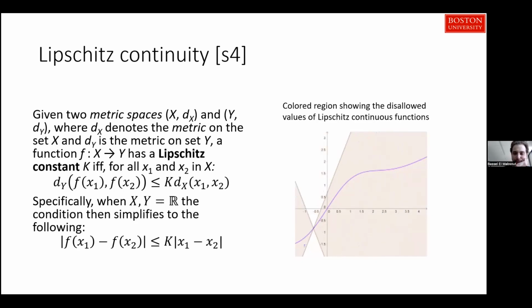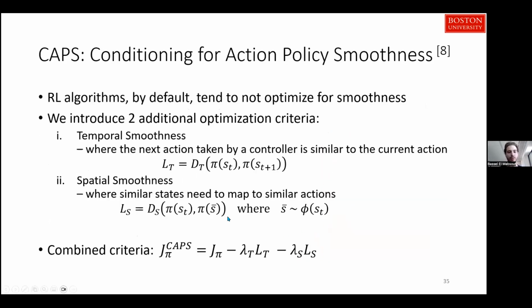Anyways, the way we try to represent the idea of not changing our outputs very much is via this idea of Lipschitz continuity. And we added to the reinforcement learning algorithms that were most commonly used at the time two optimization criteria, one for temporal smoothness and one for spatial smoothness.